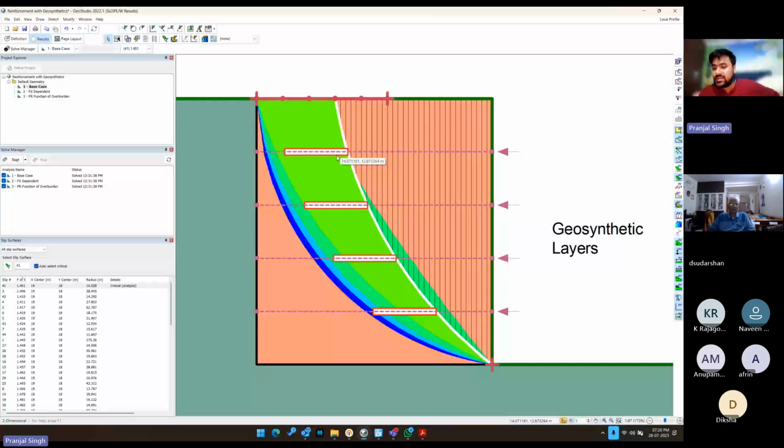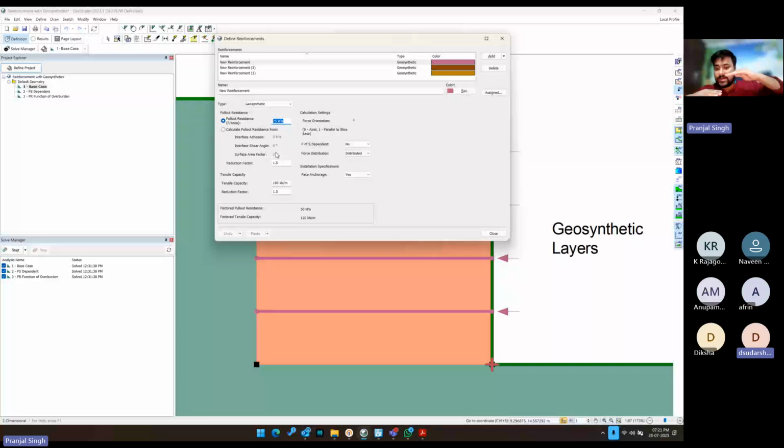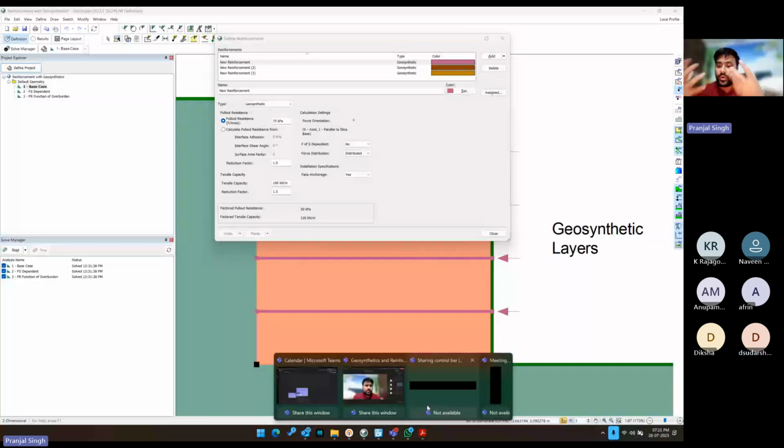But whenever the geogrid is at a lower level, the normal load from the soil weight above is more, so the friction on the geogrid will be more. So you can see that the bottommost geogrid would provide more reinforcement than the uppermost geogrid.